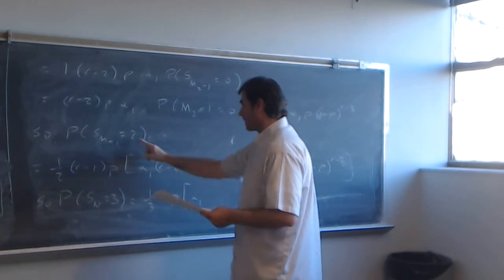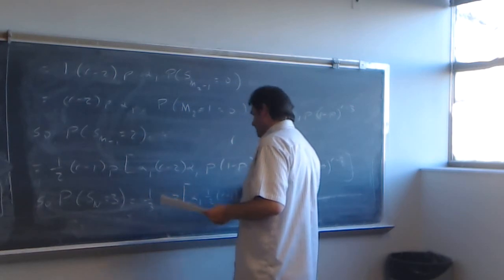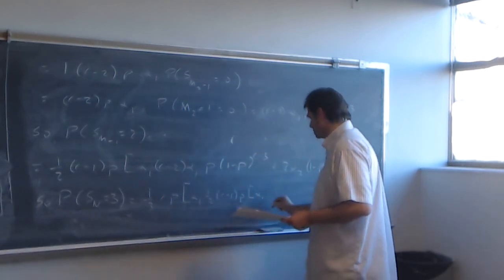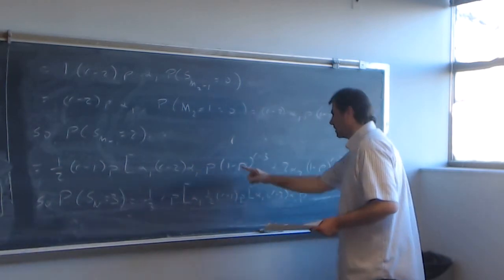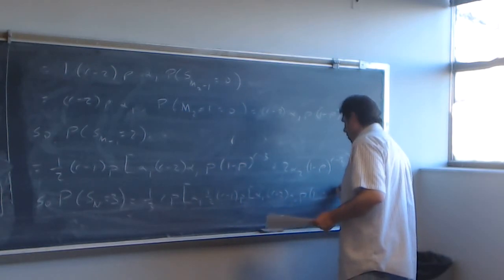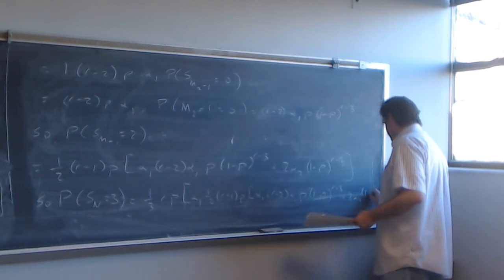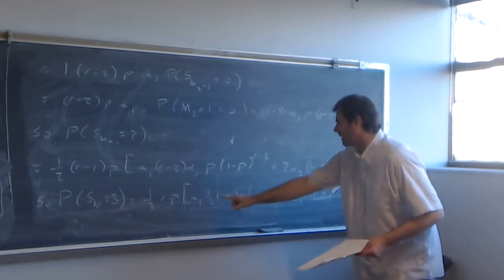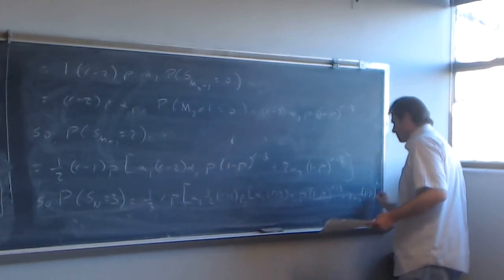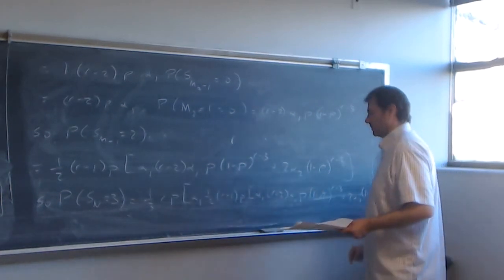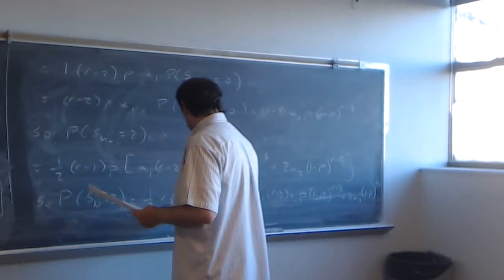This part right here is 1/2 r minus 1 p times alpha sub 1, r minus 2 alpha sub 1 p times 1 minus p to the r minus 3, plus 2 alpha sub 2, 1 minus p to the r minus 2. So it's alpha sub 1 times 1/2 r minus 1 times p times this quantity. Okay? So that's that bracket ending. All right, that's good. Then it would be 1/3 times this.